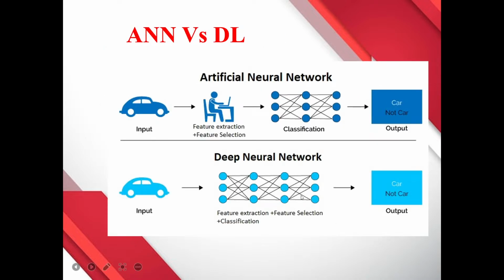And simply ANN versus DNN I have shown in this simple figure. See, in regard to ANN, if there is input, we need to do manual feature extraction and feature selection. In Amitabh's session, he showed one DSP technique to extract some features, and from the extracted features he used a feature selection procedure to select useful features for his problem.